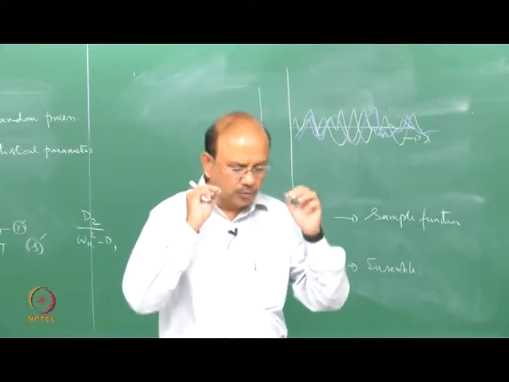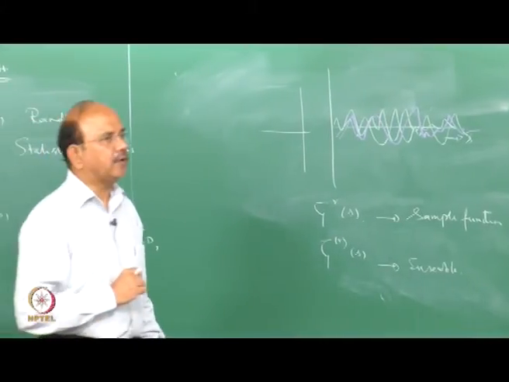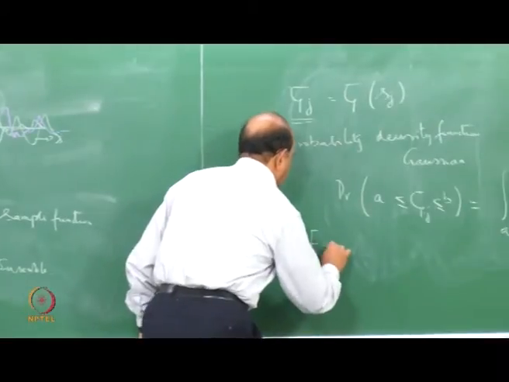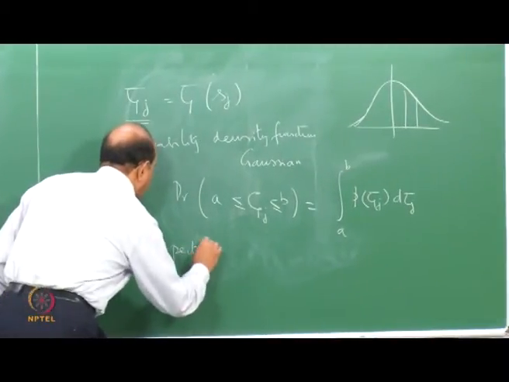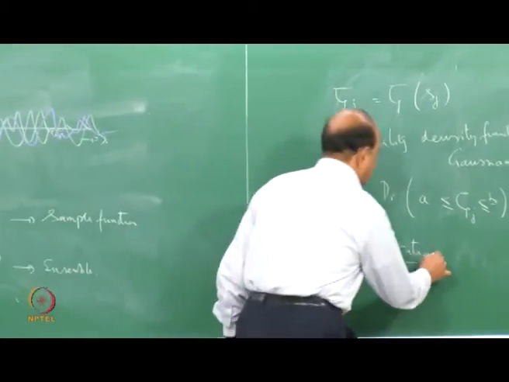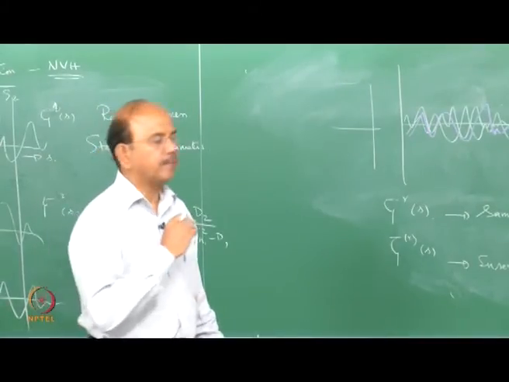We will not go into too many niceties because we have a lot more to look at. We are going to look at this whole thing from the point of view of what is called expectations.